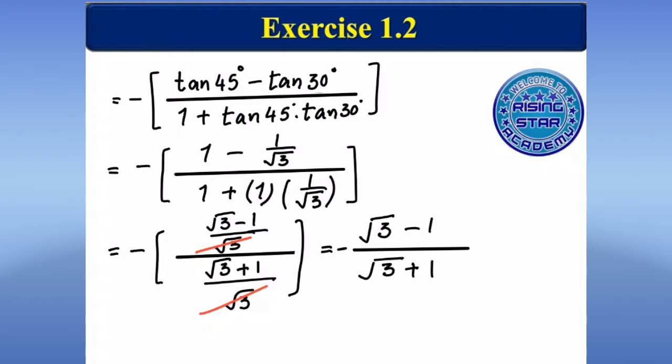We can leave our answer over there, but if we want to change this negative sign into positive, we can write it 1 minus square root of 3 over 1 plus square root of 3.